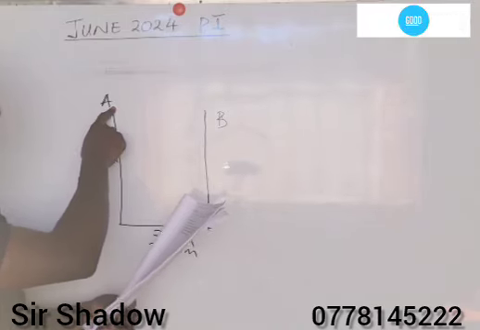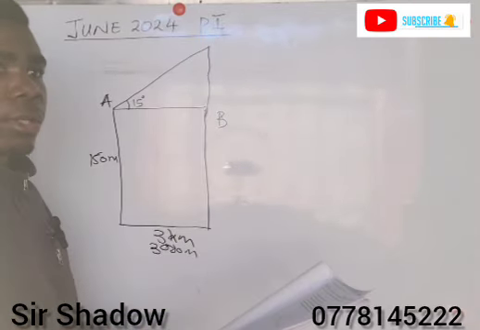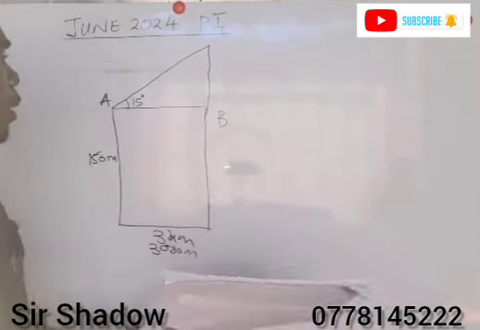This is the top of hill B. You are asked to use as much information given below, meaning that from the sea level to point A is 150 meters.